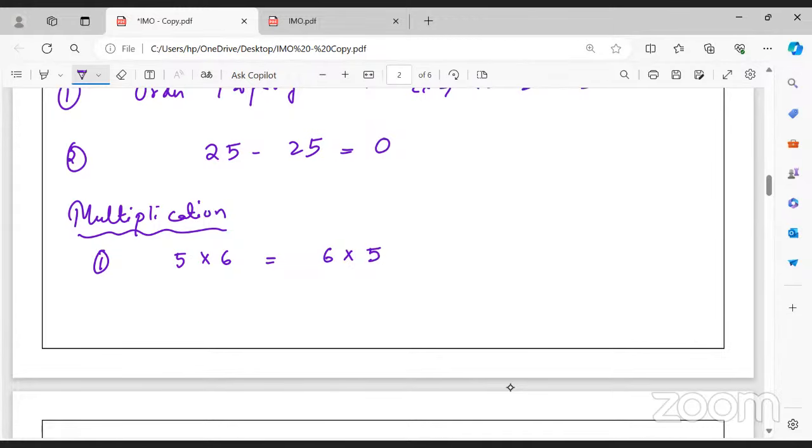Very good. We can change. So the order property of multiplication is, even if we change the order of numbers, the product remains the same. Now the second property is, if any number gets multiplied by 1, the product is the number itself.